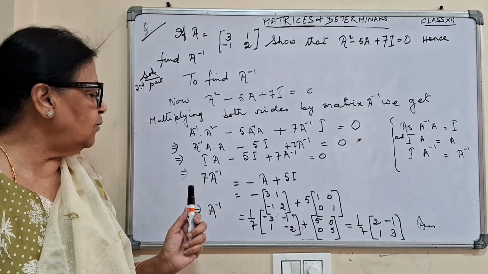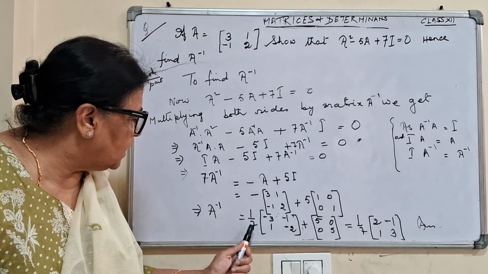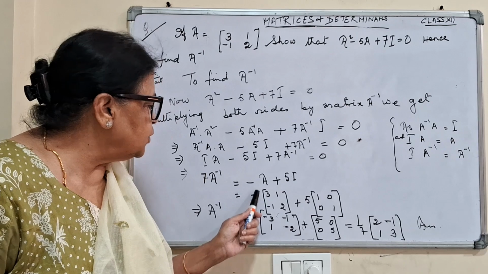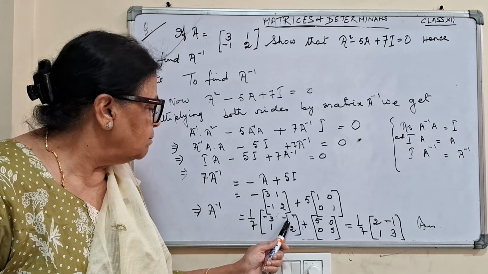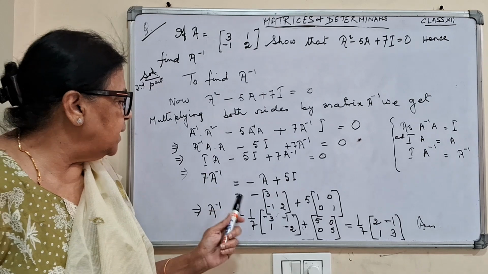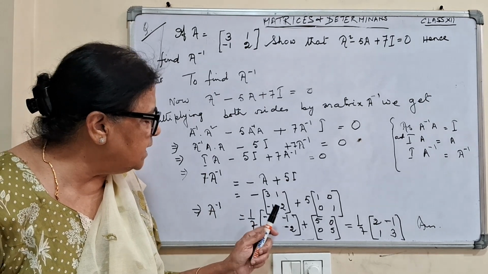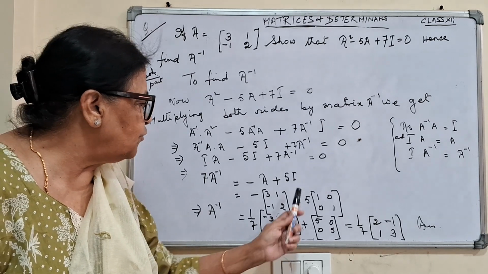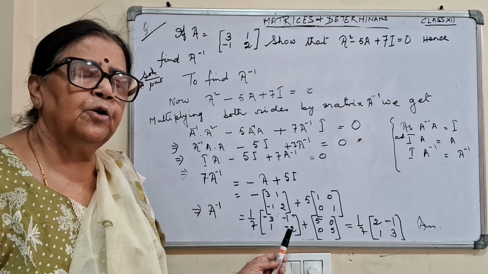That is A inverse is equal to 1 by 7, this 7 will come here. Then minus into 3 is minus 3, minus into 1 is minus 1, minus into minus 1 is plus 1, minus into 2 is minus 2, and plus 5, 5 ones are 5, 0, 0, 5.